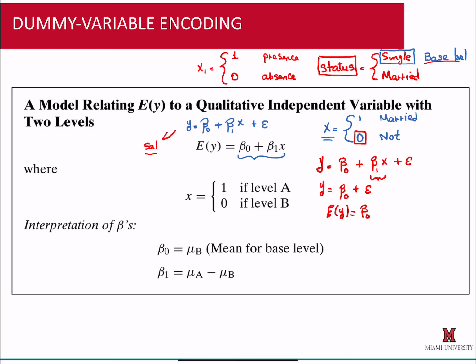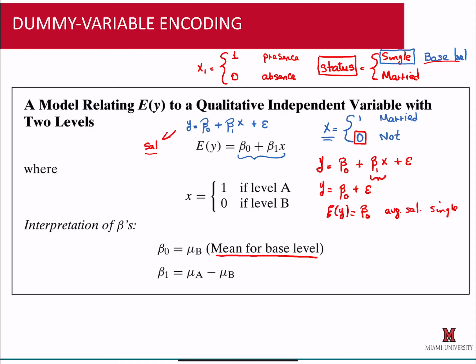So beta 0 is the mean for the base level, the average salary for an individual that is single. The y-intercept, beta 0, becomes the prediction for the base level.